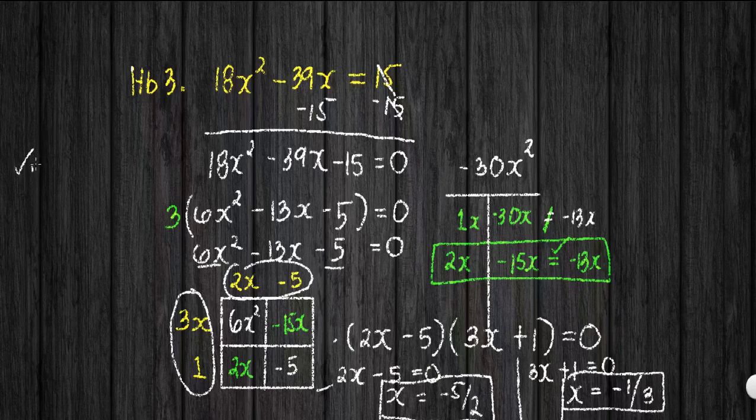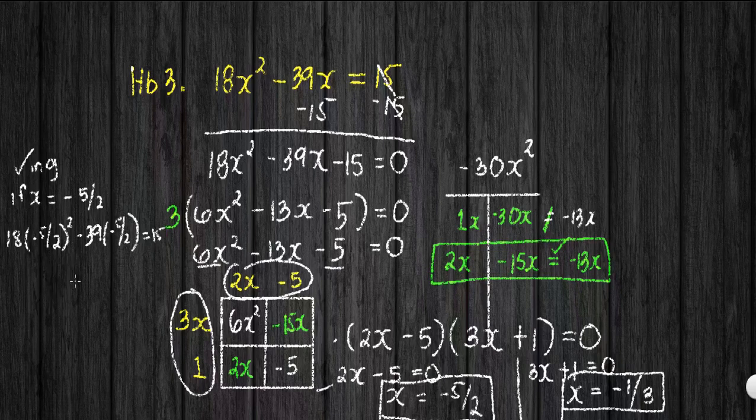For us to check if our solutions are correct, if x is equal to 5 over 2, let's substitute the value of x in the original equation. The result should equal 15. So let's see if it equals 15.